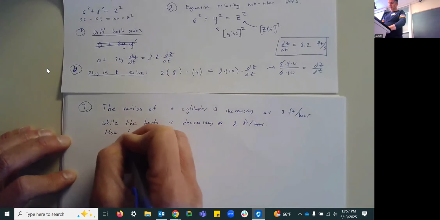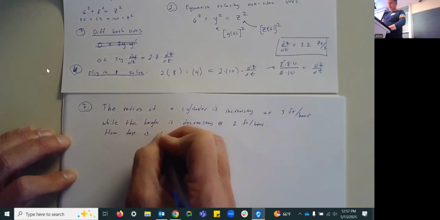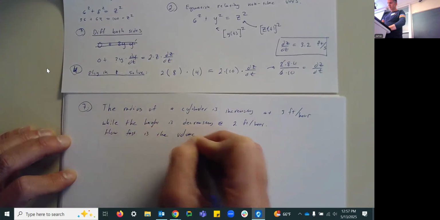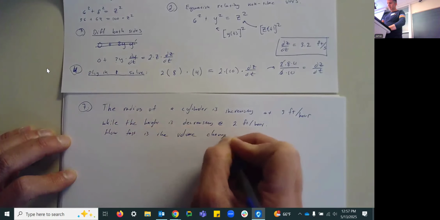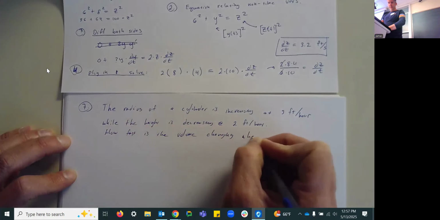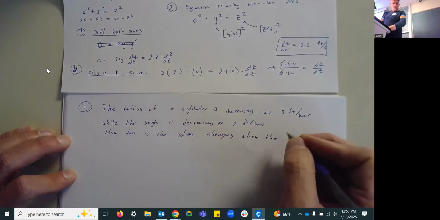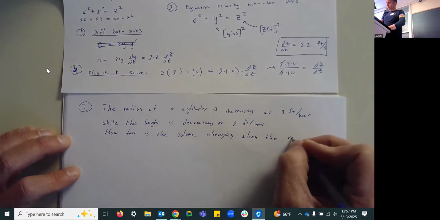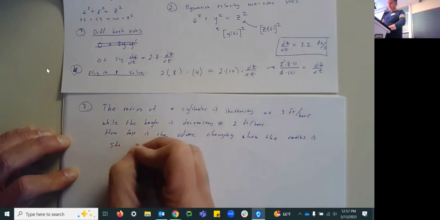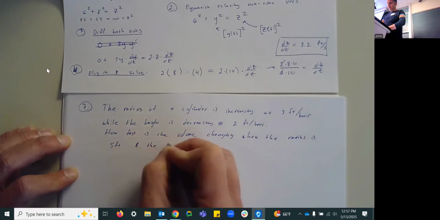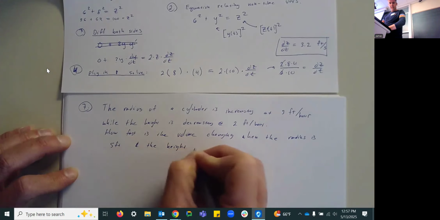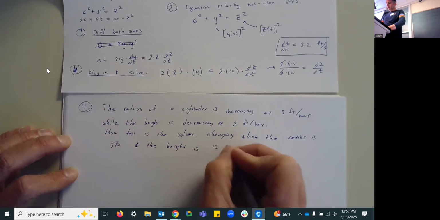How fast is the volume changing when the radius is 5 feet and the height is 10 feet?